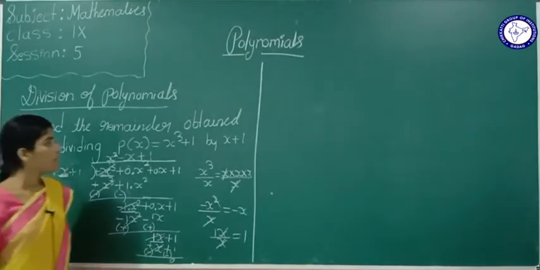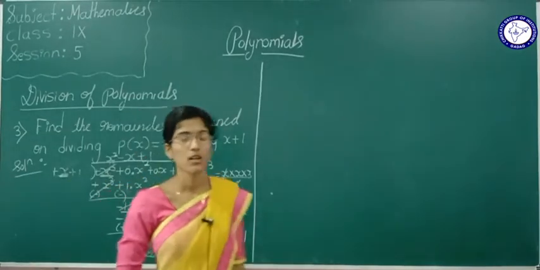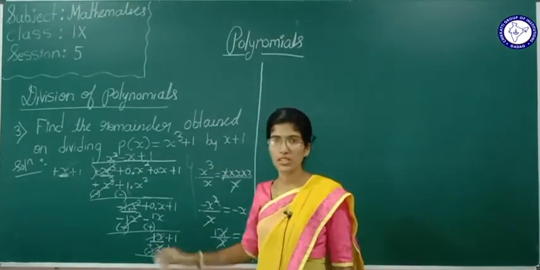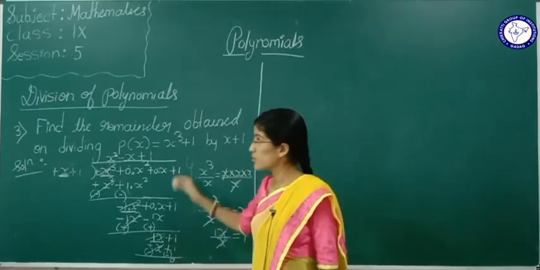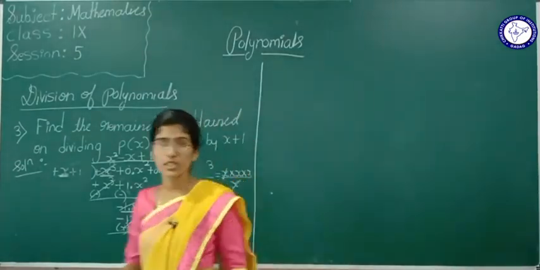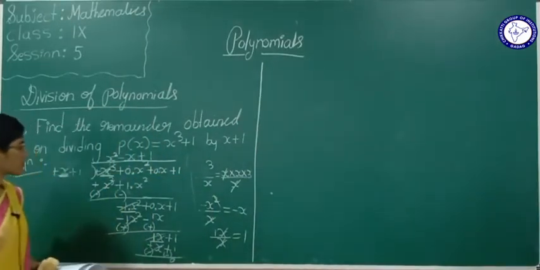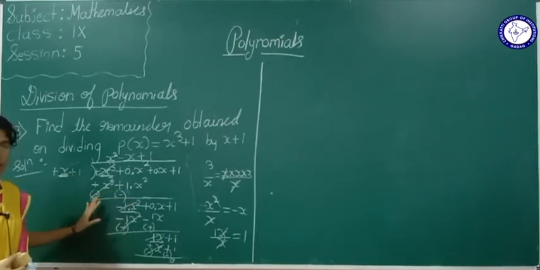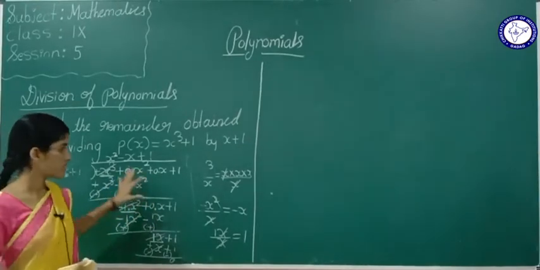Now see students, instead of doing it like this, it is somewhat time consuming. To find the remainder, this much we have to do. Whatever division we are doing here is called the long division method. In the last class I did not tell you this.